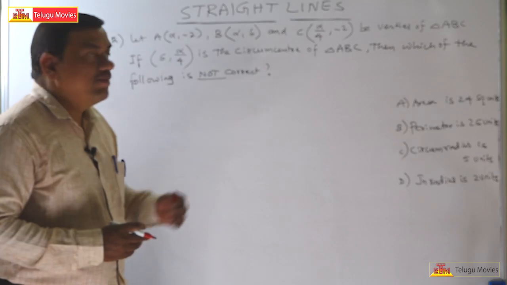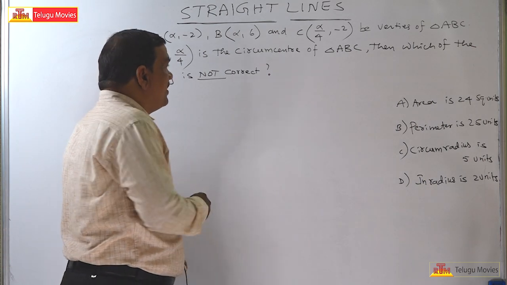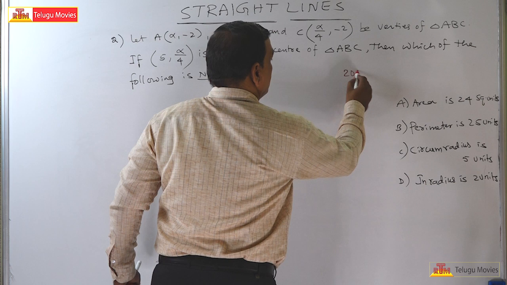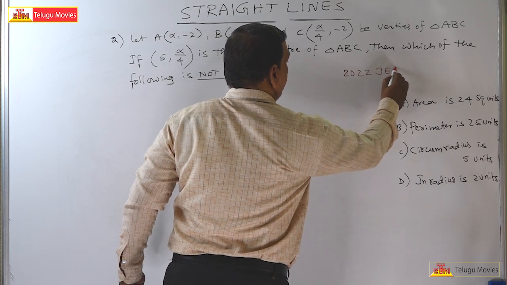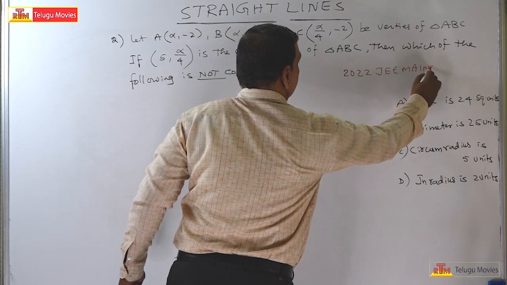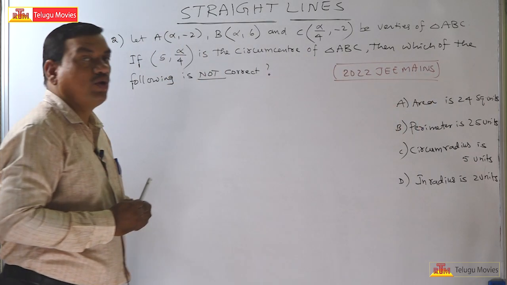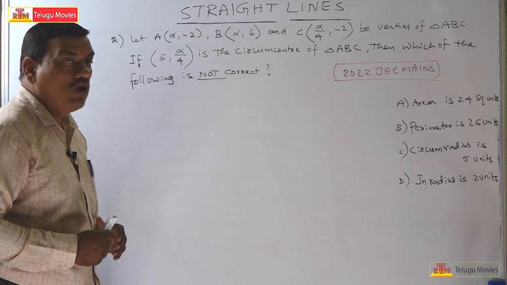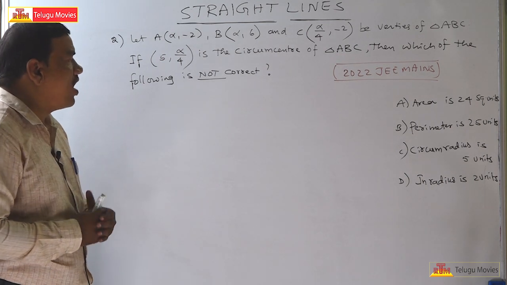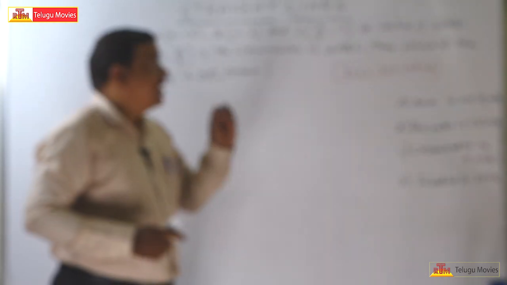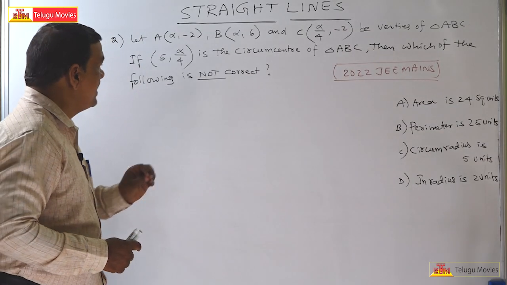Welcome to the second problem. This is also given in our 2022 latest paper, the 2022 JEE Mains examinations. Let us see the problem. A(alpha, minus 2), B(alpha, 6) and C(alpha by 4, minus 2) are the vertices of triangle ABC.